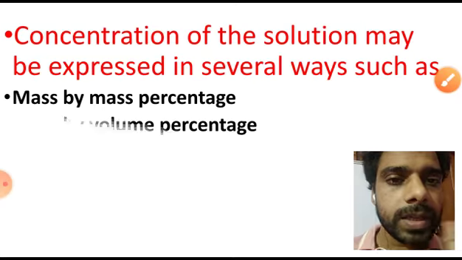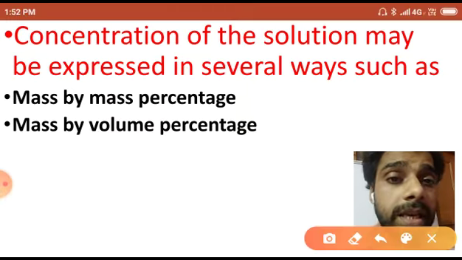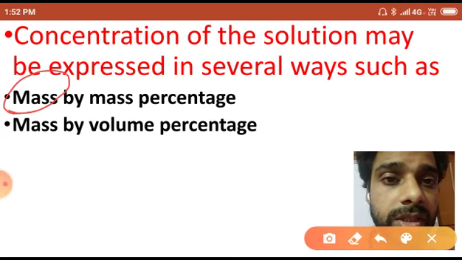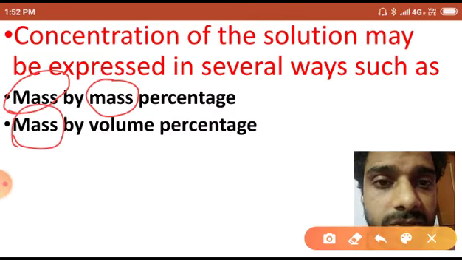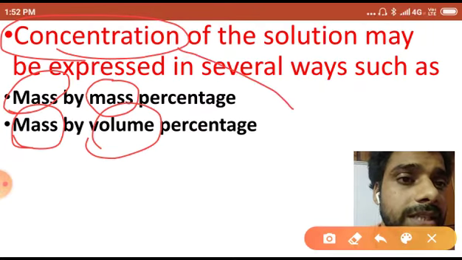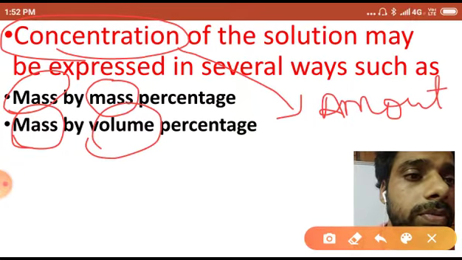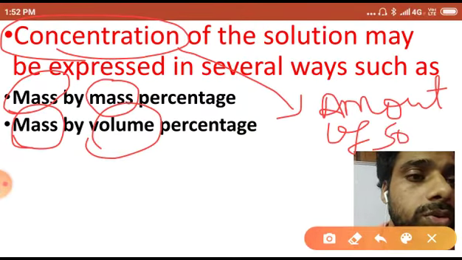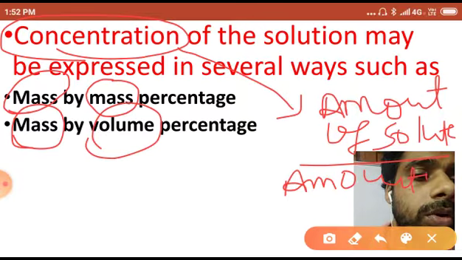Second method is mass by volume percent. This mass is of solute and this volume is of solution, because concentration means the amount of solute upon the amount of solution.